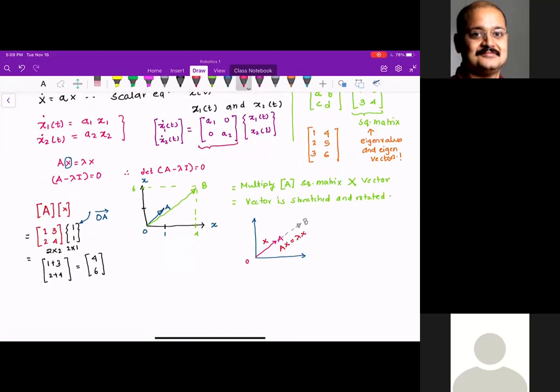Please note, x is a vector, the same vector. Once you multiply that by this matrix, you get the scaled vector. If this condition is satisfied, then λ is a number, a scalar, called the eigenvalue, and x is called the eigenvector.